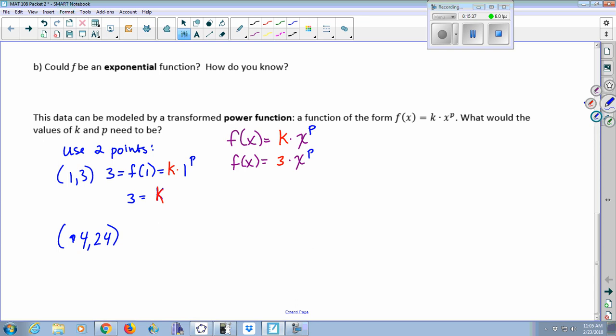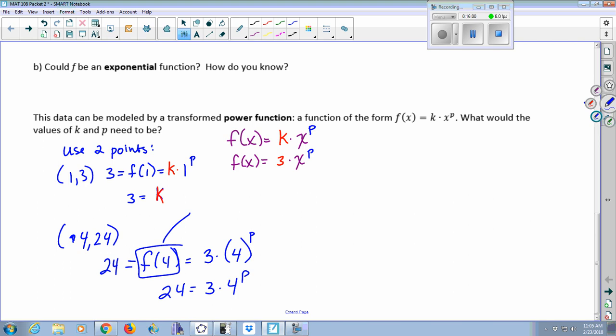Now we know that when I plug in 4 for x, my output is 24. So let's plug 4 in for x. I know k is 3, x is 4, and now I've got to solve for p. We'll move that aside, and we'll say 24 equals 3 times 4 to the p.